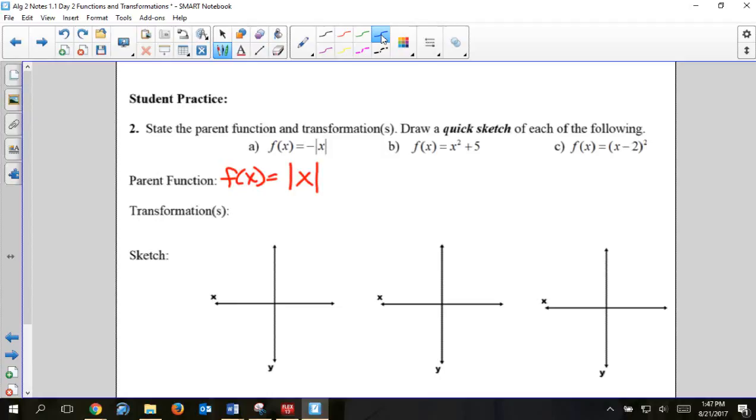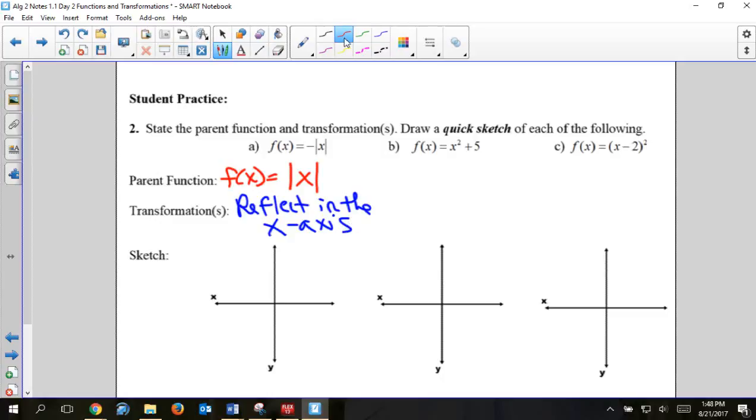If it's outside, it means vertical. If it were inside, it would be horizontal. This is outside, so it means vertical. So it's going to be a vertical reflection. That's up and down. Which axis am I going over? X. Yes, so we're going to write reflect in the x-axis. See all those steps I have to think in my head to get the right answer.